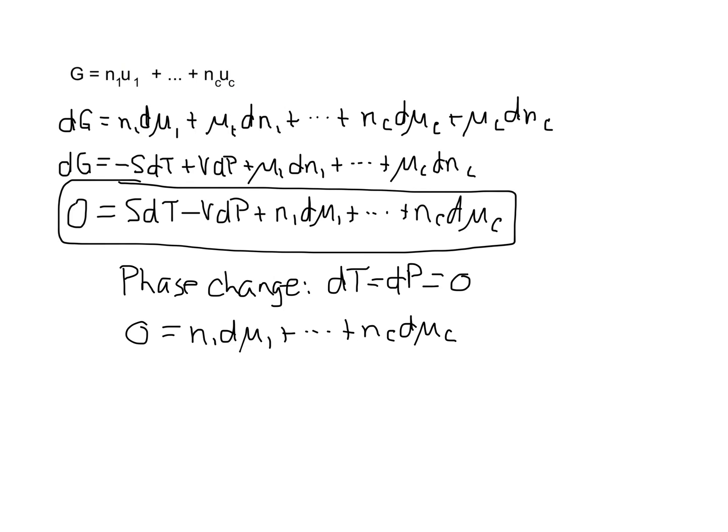So if we look at something like vaporization, where we take a liquid to a gas, then our first component is the liquid, and our second component would be the gas. And so we can write that N for the liquid, dmu liquid, plus N for the gas, dmu gas, has to equal 0.